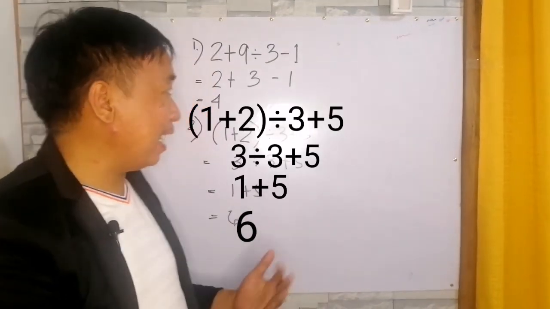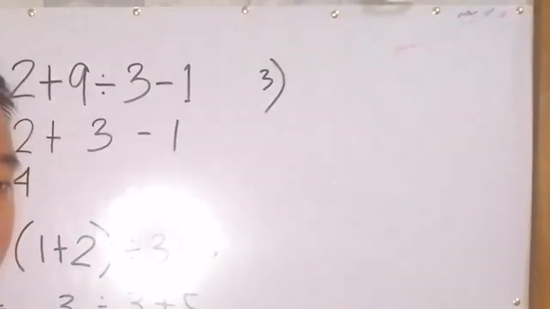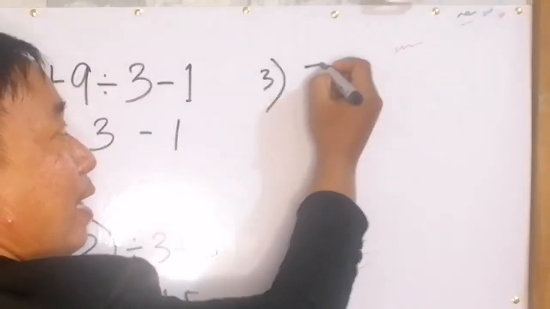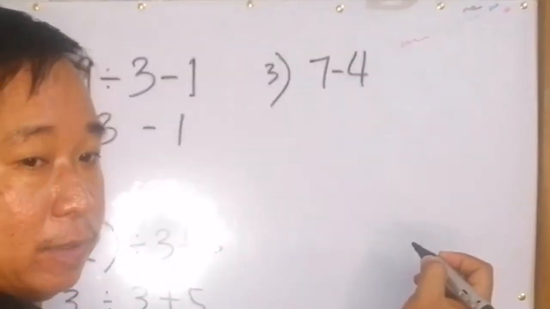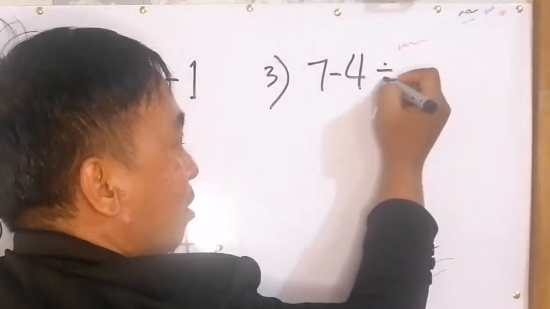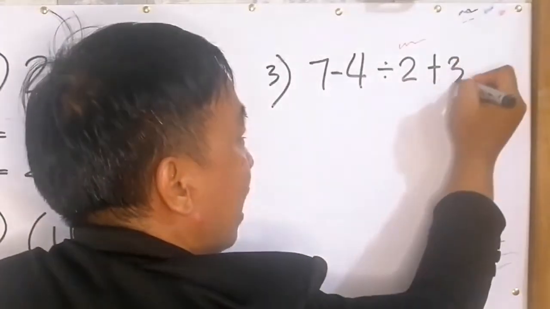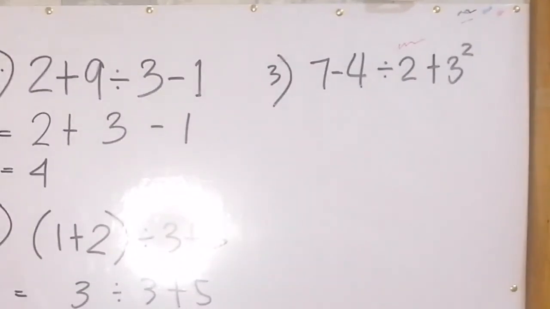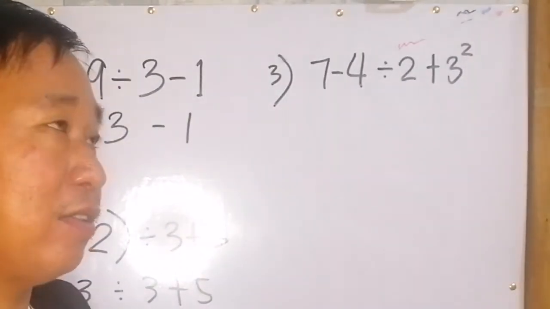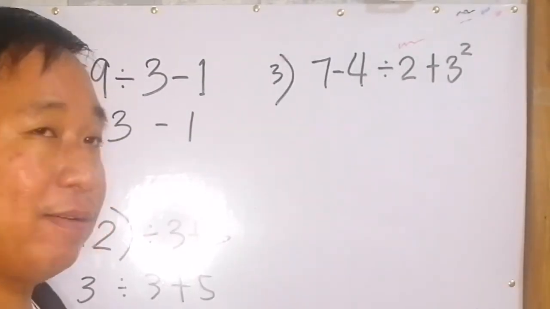So let's proceed to the next example. Example number 3. 7 minus 4 divided by 2, then plus 3 squared. So that's the problem. The first thing, we are going to check, is there a parenthesis?